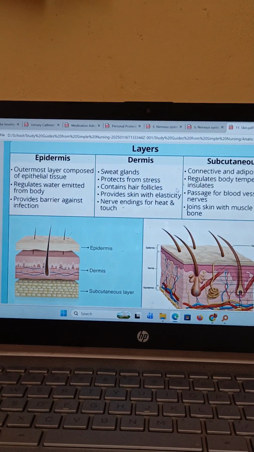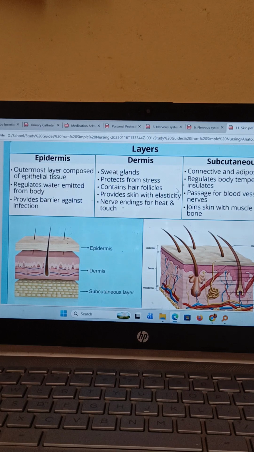Its function, it regulates water emitted from the body, and you need also to know that it provides a barrier against infection because that's the outermost layer. Don't forget about that. The next reads about the dermis. The dermis is made up of sweat glands. It also protects the body from stress.